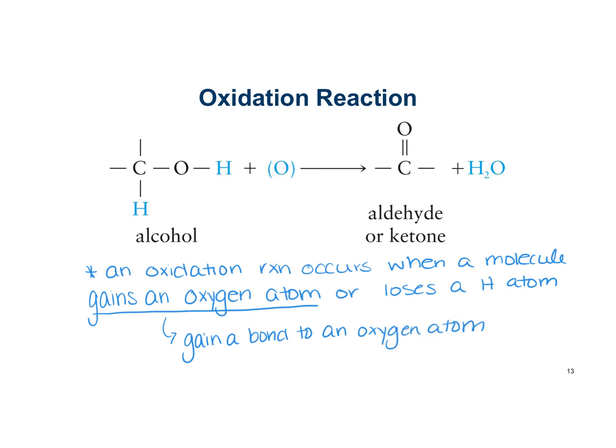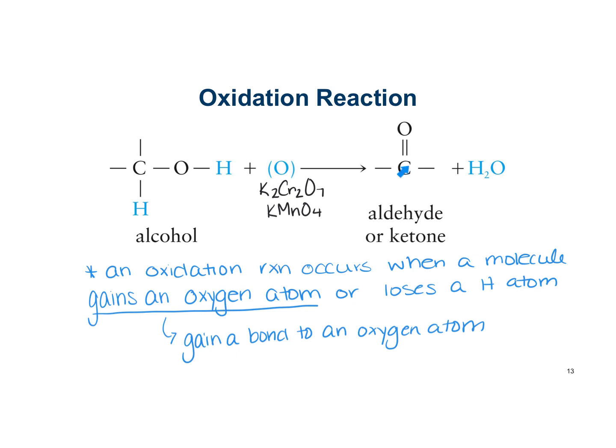So for example, in this example here, we have an alcohol group here, and we're reacting with an oxidizing agent. And these can be a couple different things. They can be potassium chromate or potassium permanganate are really good examples, but it's generically shown as an O.